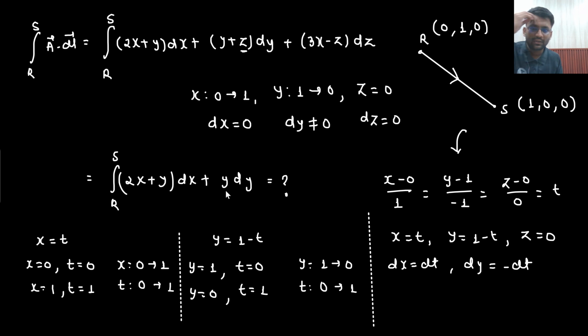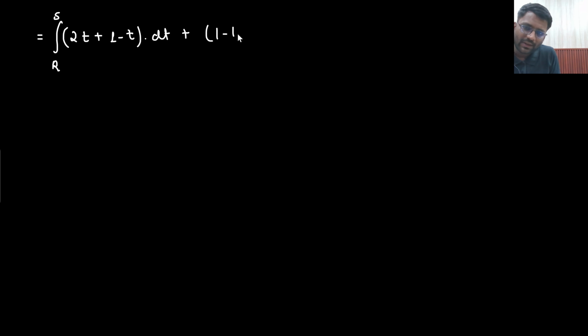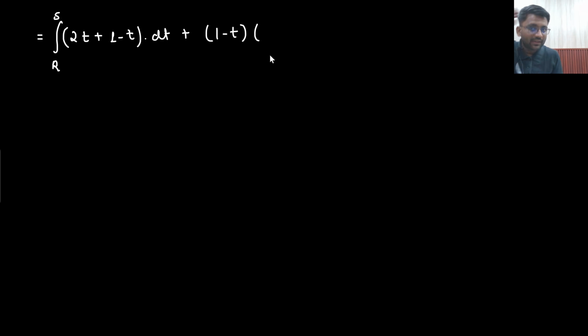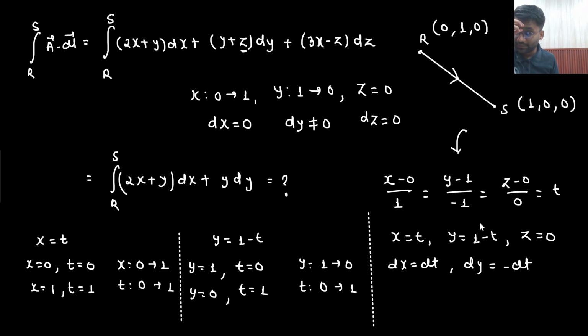Plus, y is 1 minus t, and dy is minus dt. From r to s we are going, which means t is going from 0 to 1.